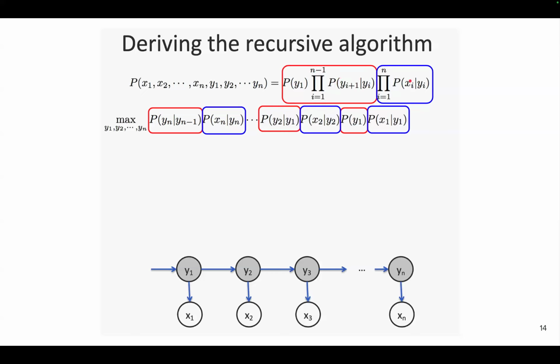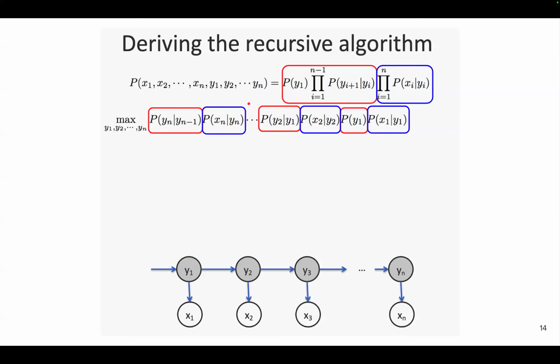And here, if we put i equals n, we will get the probability of xn given yn. And this is how these two terms are appearing here. So all we did here is expand these two products and rearrange them such that the products that are connected to the same tags, namely tags appearing at the same position, are close to each other.